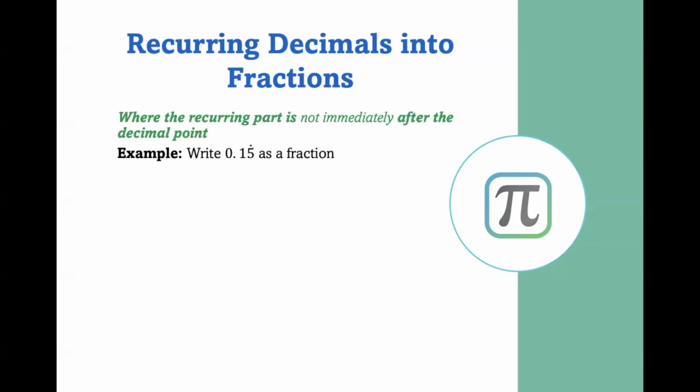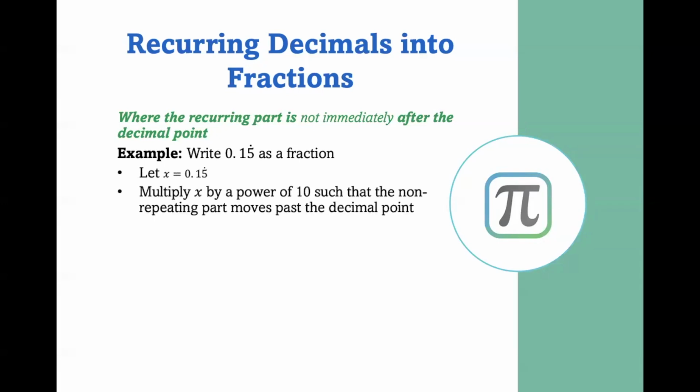What's slightly more complicated but uses the same methodology is when the recurring part is not immediately after the decimal point. In this example, then we have write 0.15, just the 5 recurring, as a fraction. We take the same thing, we put it in the equation format, and this time we start by multiplying x by a power of 10 such that firstly the non-repeating part moves to the left of the decimal point.